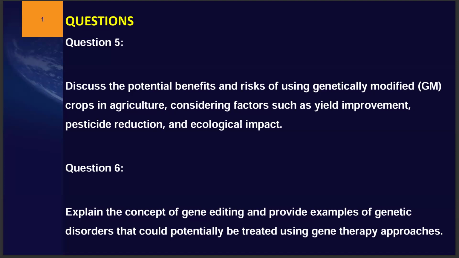So like these insect resistant genetically modified crops, some of them produce toxins that are harmful to pests but safe for humans. If they produce toxins that are harmful to pests but safe for humans, that's a benefit of using these genetically modified crops.